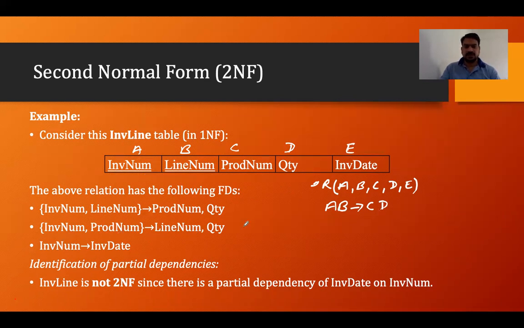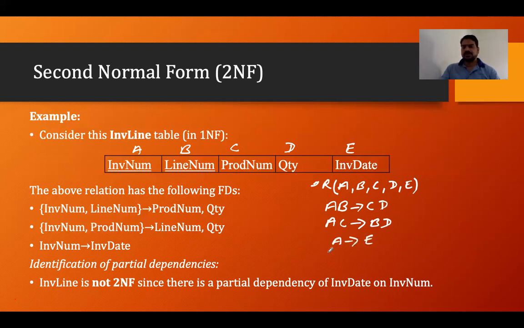The second functional dependency is AC determines BD. And the last one is A determines E.